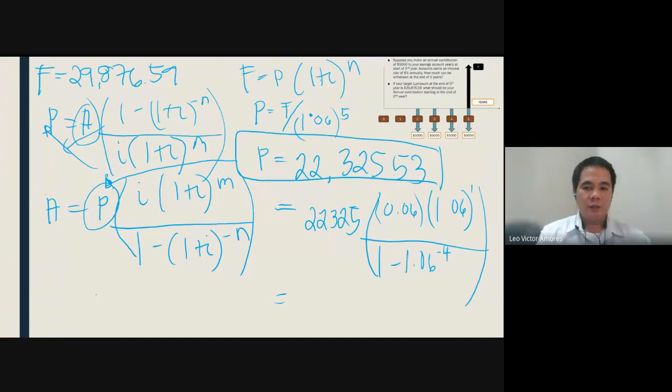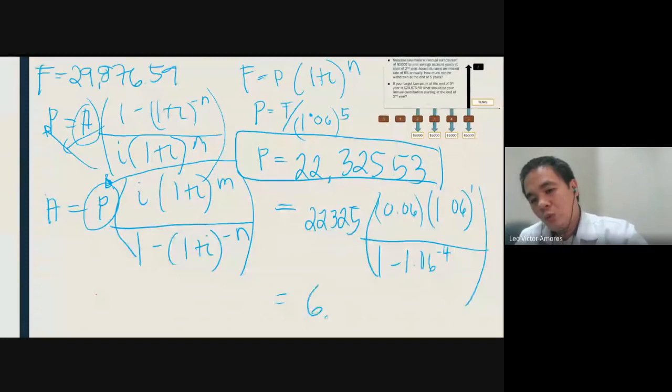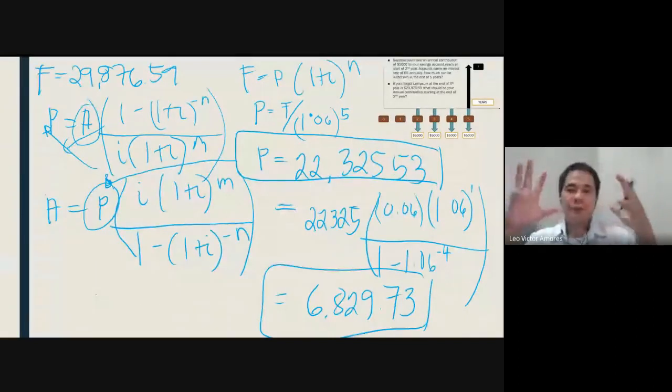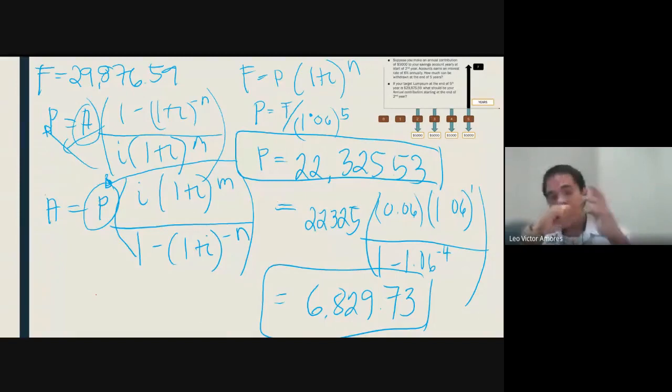So the answer is 6829.73. So, kung ang imong target lump sum at the end of 5 years is 29,000, the amount of your payment on a yearly basis starting on second year should not be 5,000. Instead, it should be 6,829.